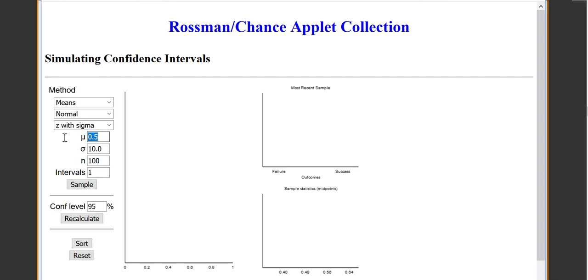I can set my mean mu to 79.14. And we know our standard deviation is 3.62. And we can find some confidence intervals. Oh, and n is 10.